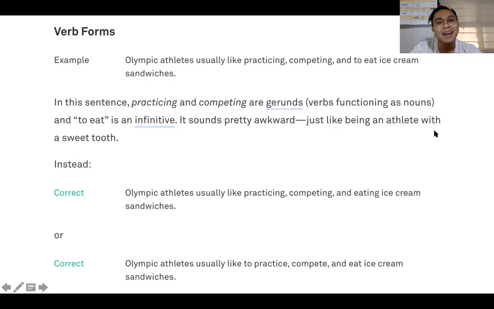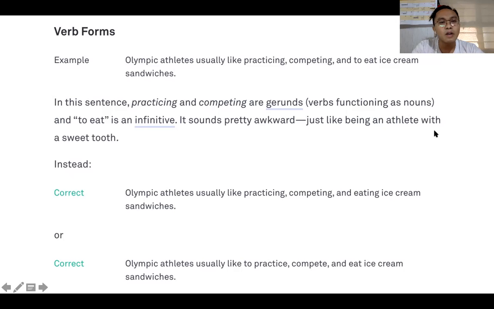Kumbaga, nakita natin may ing, ginamit natin yung gerund sa sentence na practicing, competing. These are verbs that functioning as nouns. We know that gerunds, they are verbs functioning as noun, like practicing, singing, dancing. Verb yan, but they function as a noun pag gerund siyang ginamit.